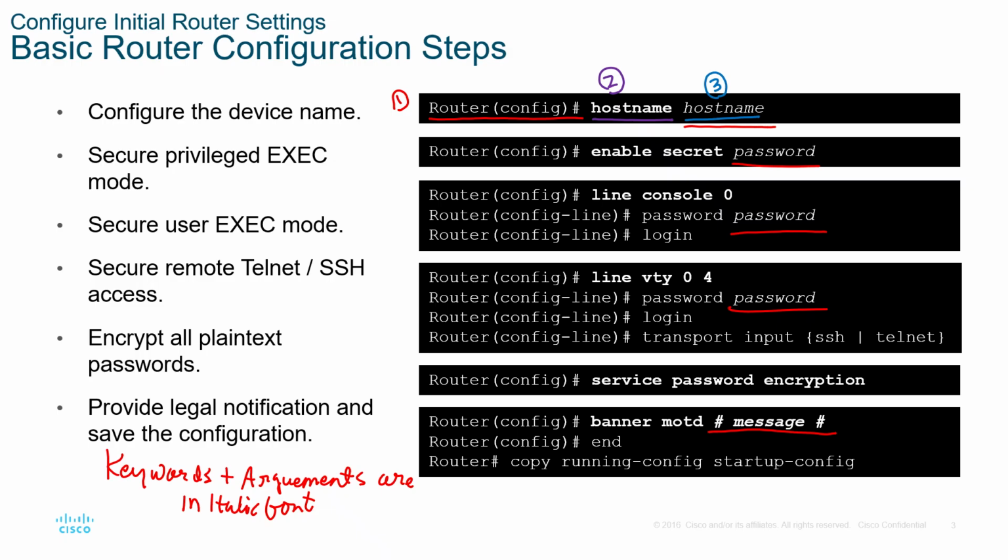Once you create your passwords, and incidentally, in case you don't remember, I'm sure I must have pointed it out, when you type in enable secret, that word secret means encryption.